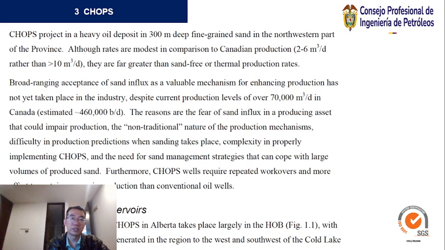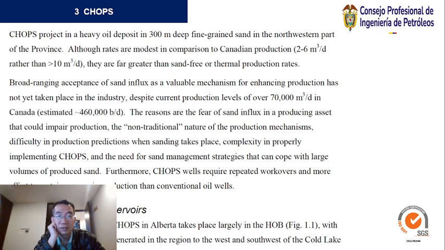Broad region acceptance of sand influx as a valuable mechanism for enhancing production has not yet taken place in the industry, despite current production levels of over 70,000 cubic meters per day in Canada.